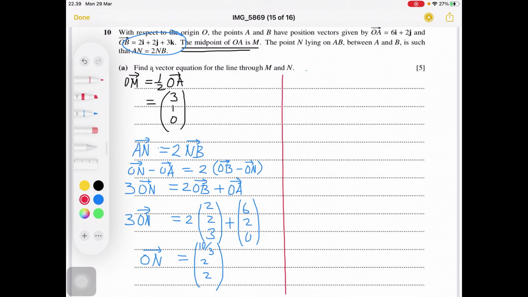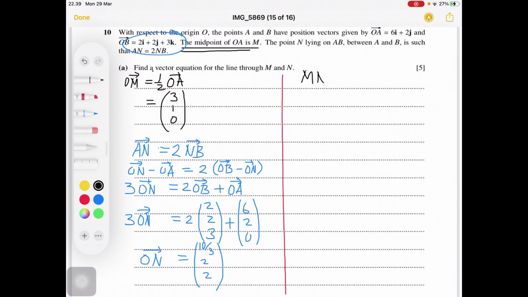And then since we already have the position vector of OM and the position vector of ON, we can find the direction of the line, which is the vector MN itself.